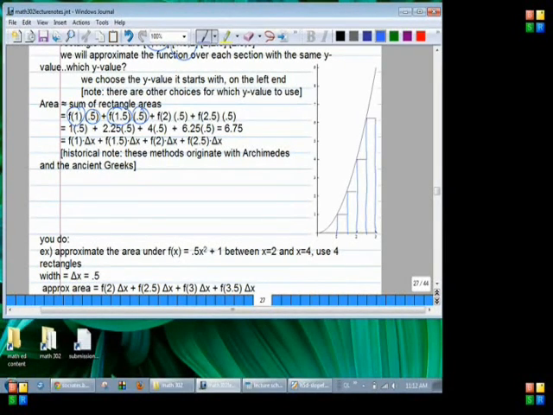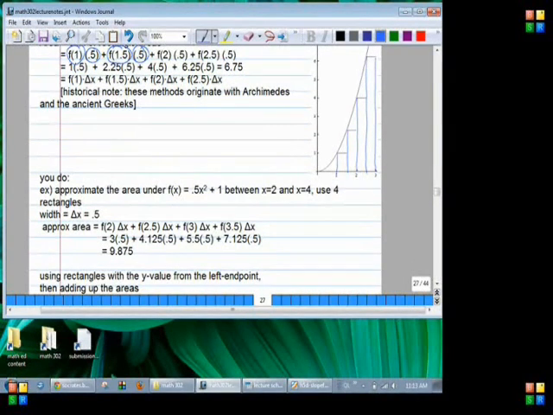All right. I want to now start solving this problem. First of all, what is this called that we're calculating? We're using rectangles to approximate the area. And remember, I specified that for our purposes, we're always going to use the left endpoint on each interval to find the height of the rectangle.